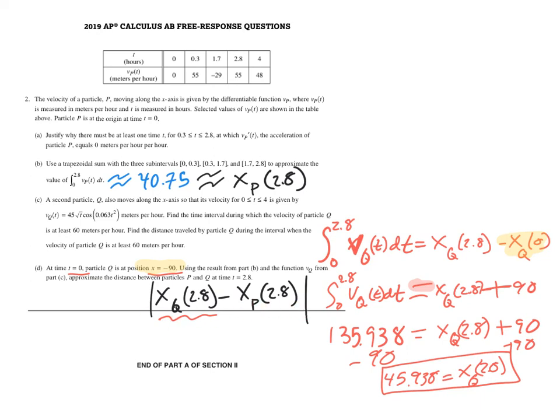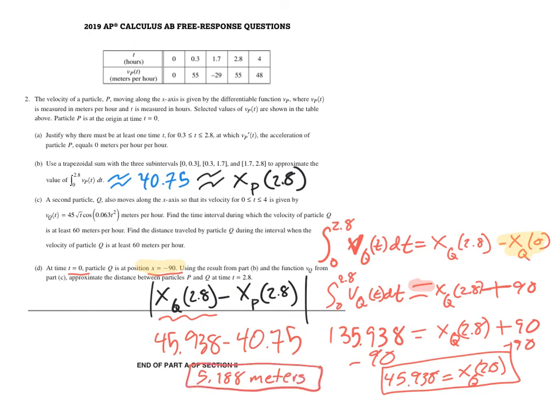So I'm just going to do 45.938 minus 40.75. And when I do that, I get that the distance is about 5.188. And remember, everything here was in meters, so I'm just going to say they are about that many meters apart. That is my answer for the distance between those two particles.